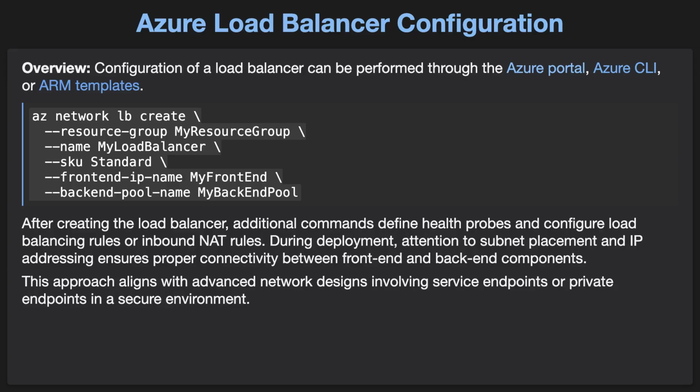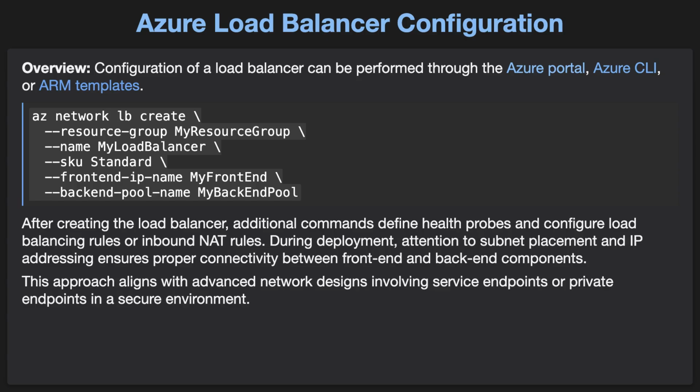Configuration of a load balancer can be performed through the Azure portal, Azure CLI, or ARM templates. Below is an example using Azure CLI syntax. Bash: az network lb create --resource-group myResourceGroup --name myLoadBalancer --sku Standard --frontend-ip-name myFrontEnd --backend-pool-name myBackEndPool.